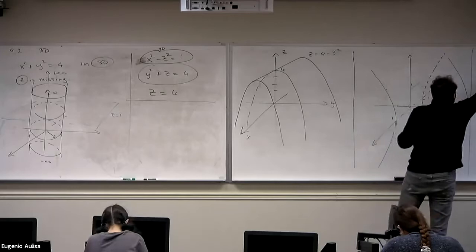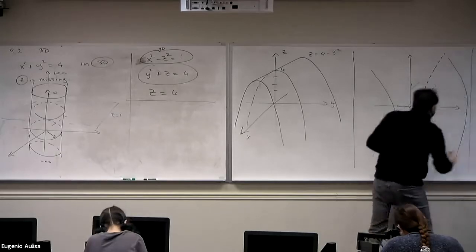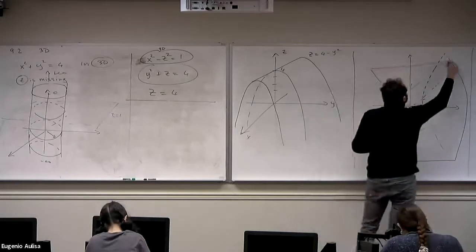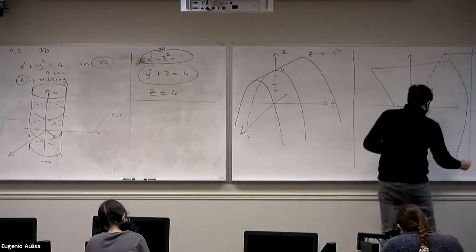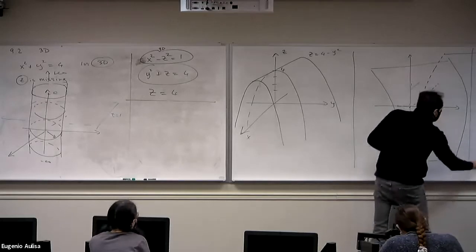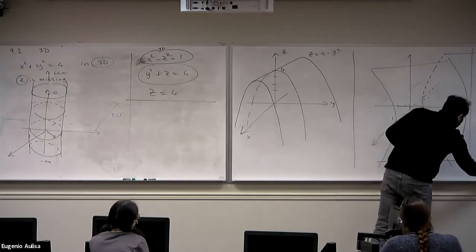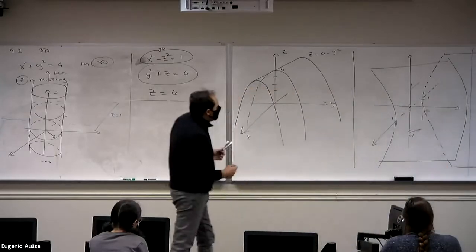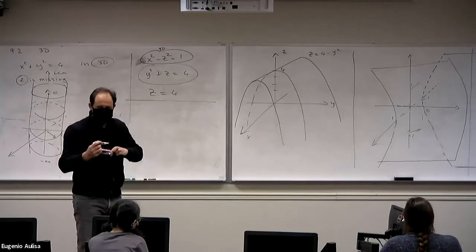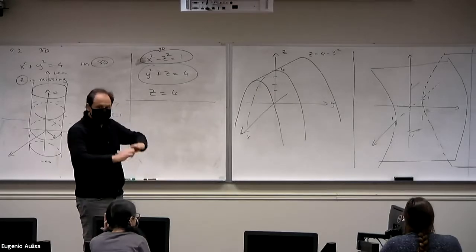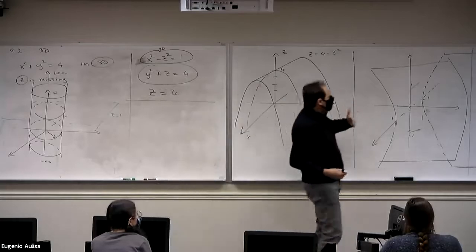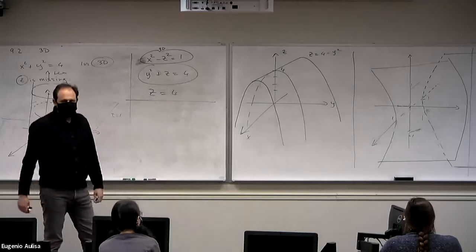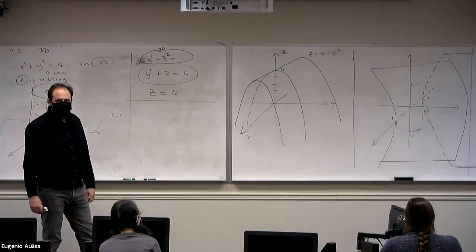So maybe something like this, where this is connected with this, and this is connected with this. I don't know if you can see. I can see. Except there are two sheets now, a front one and a back one. Okay?